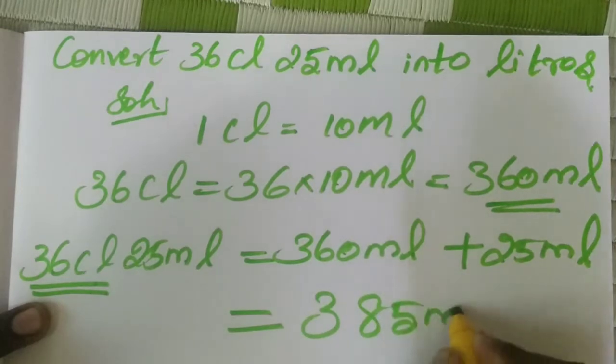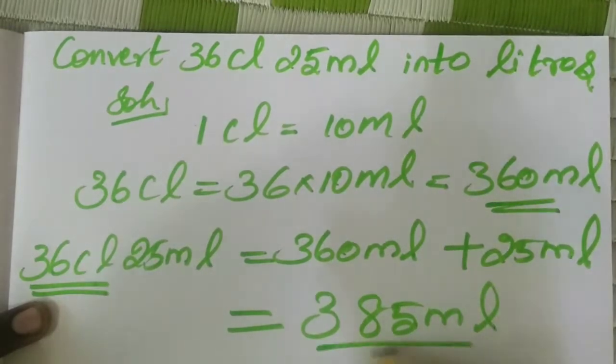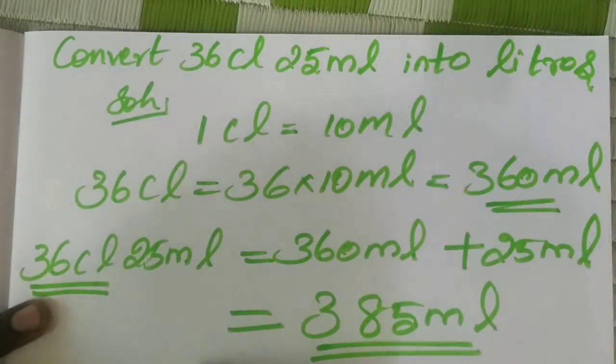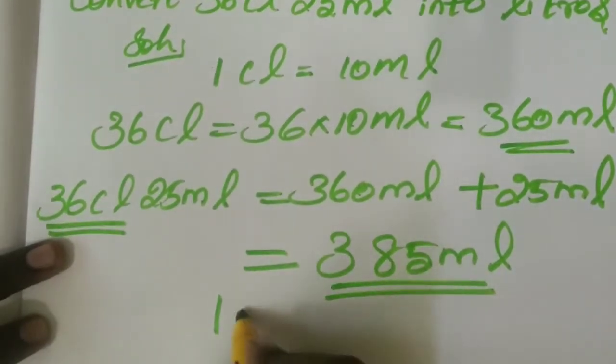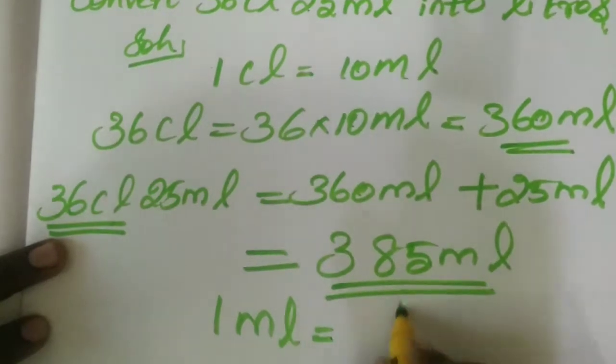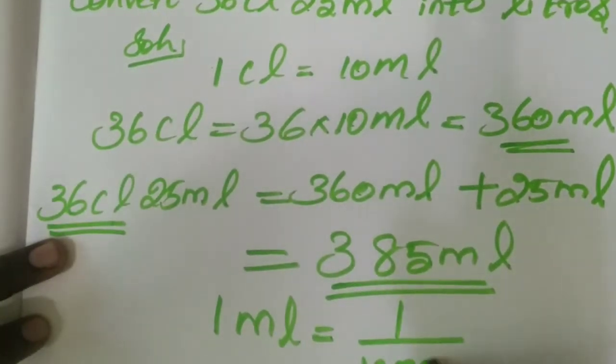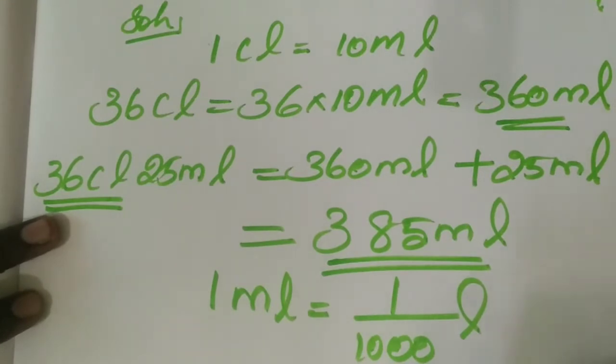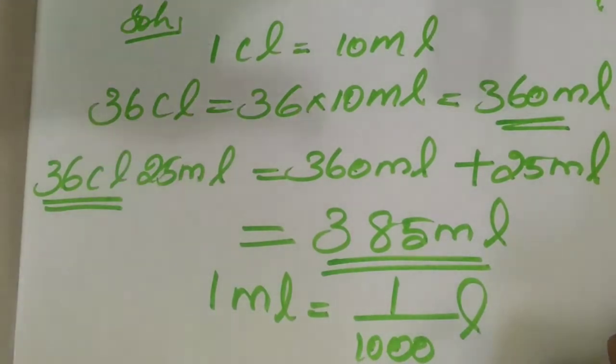We will get 385 milliliter. Now we want to convert this milliliter to liters. We know that 1 milliliter is equal to 1 by 1000 liter.